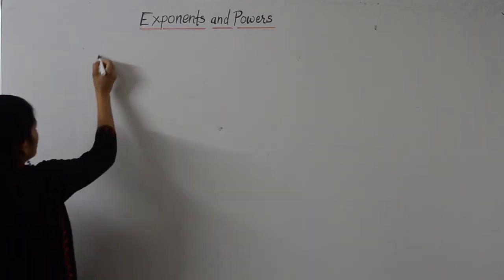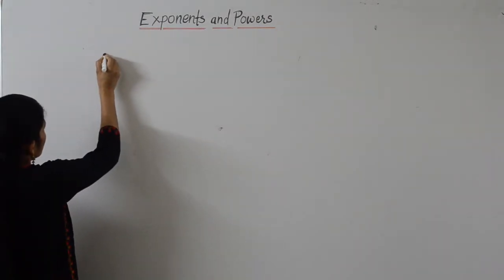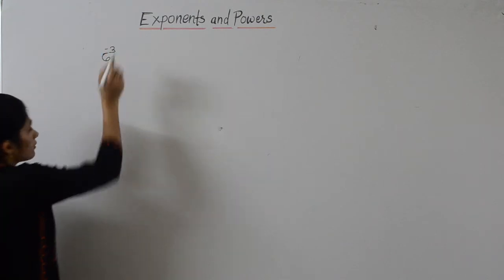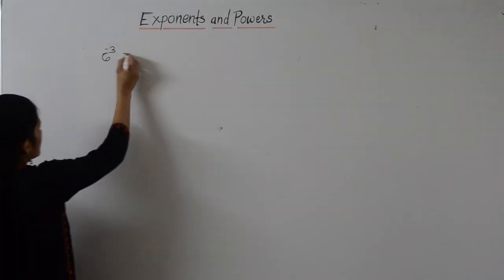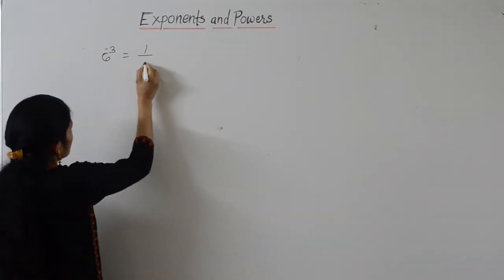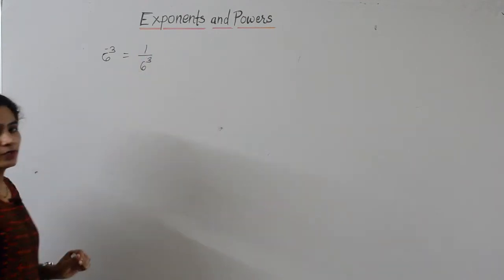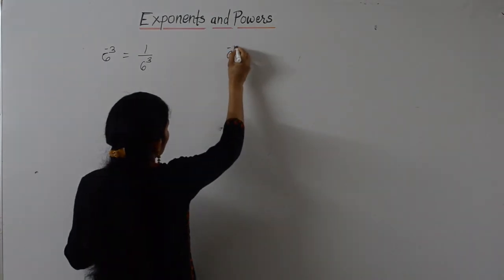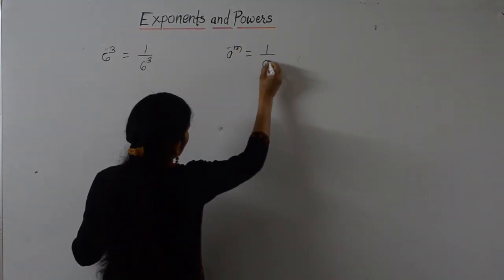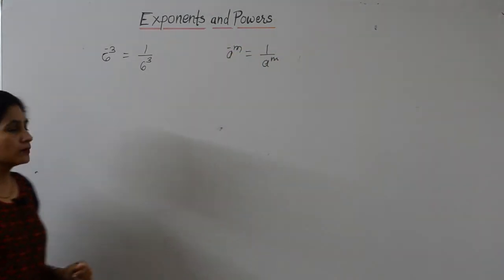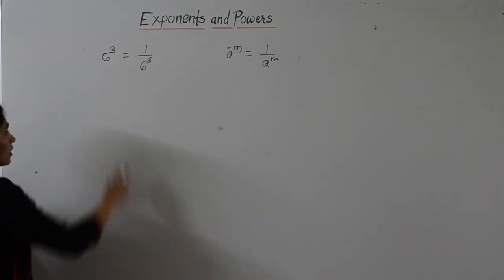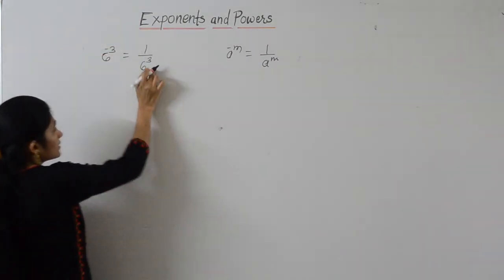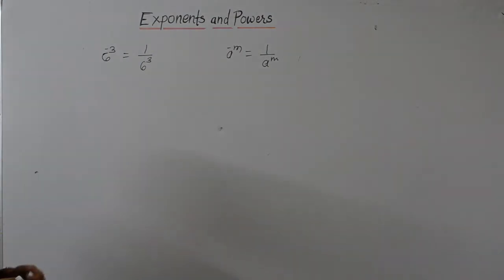If we have negative exponents like 6 raised to power minus 3, then we can write it as 1 upon 6 to the power plus 3, from the law a raised to power minus m is equal to 1 upon a to the power plus m. Now you can apply the same trick for positive exponent.